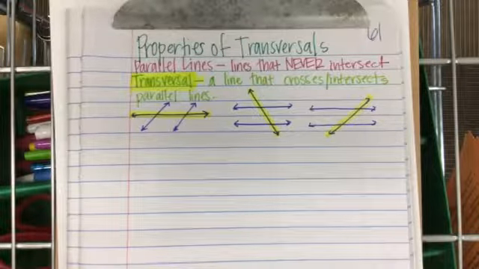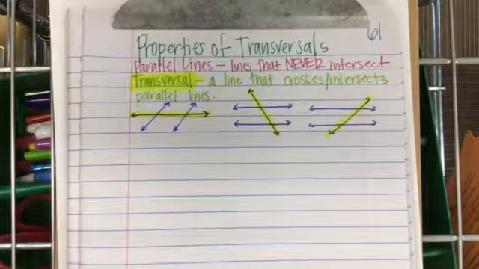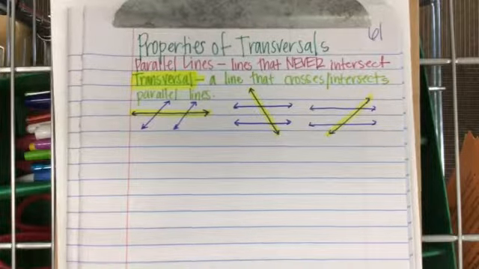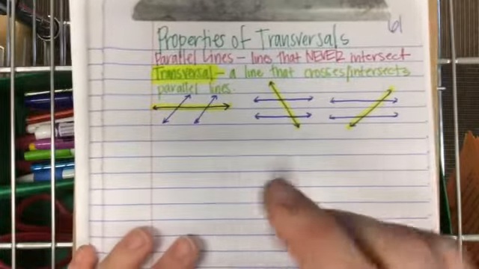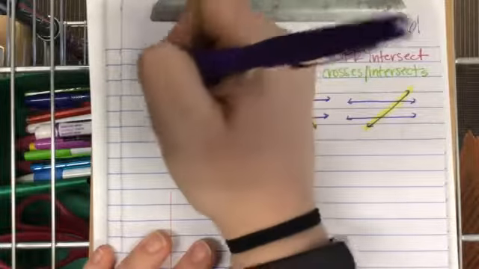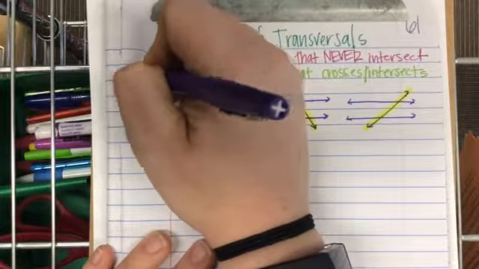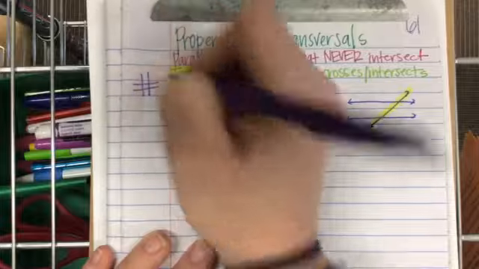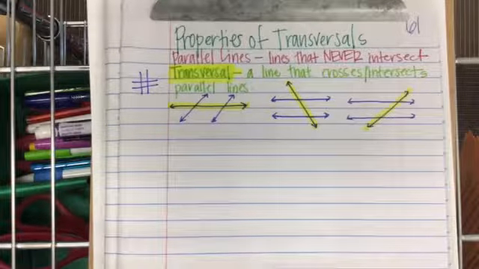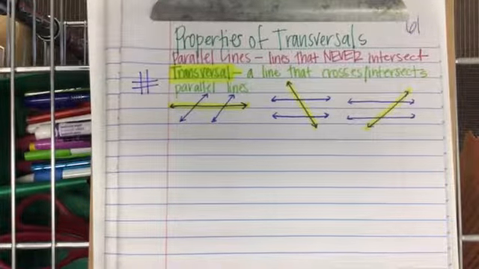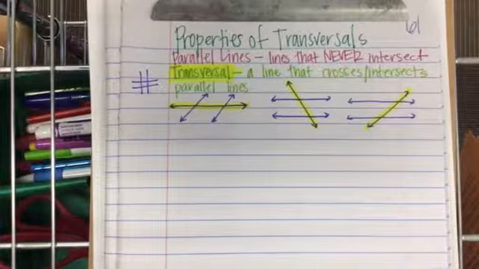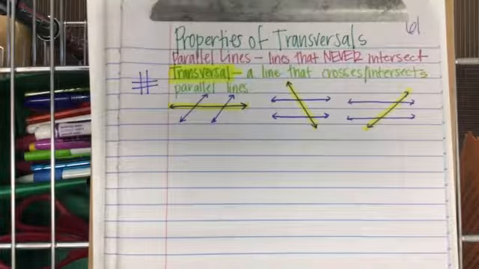But here's my dilemma for you, I guess. What if I gave you a pound sign or a hashtag or whatever you want to call it? They're all transversals. Are there parallel lines? Yes.